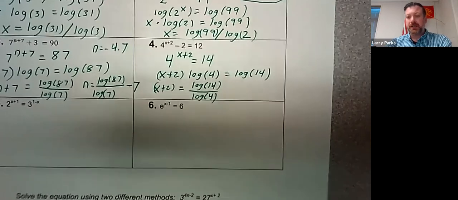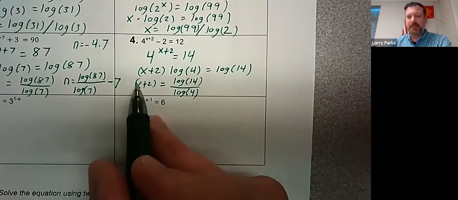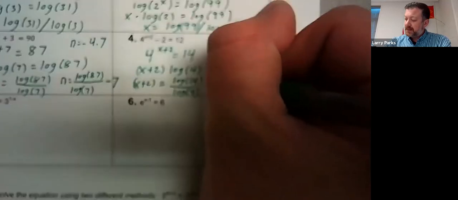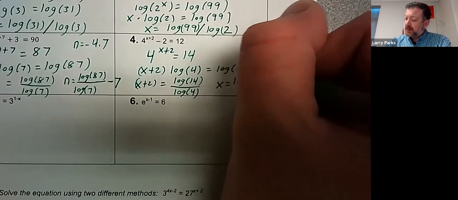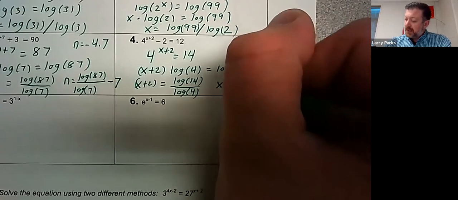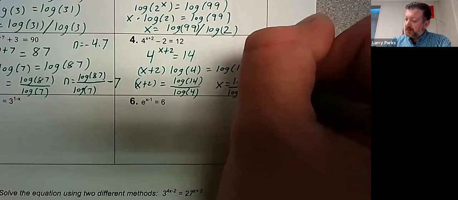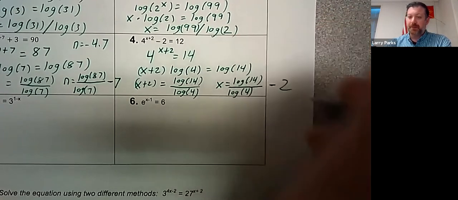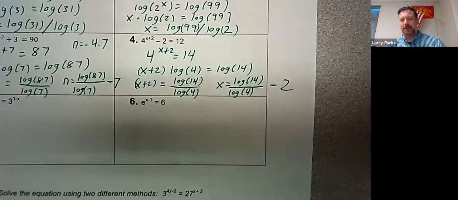And then I subtract 2. Get x by itself. So I get x is log of 14 divided by log of 4 minus 2. I then type that on my calculator.